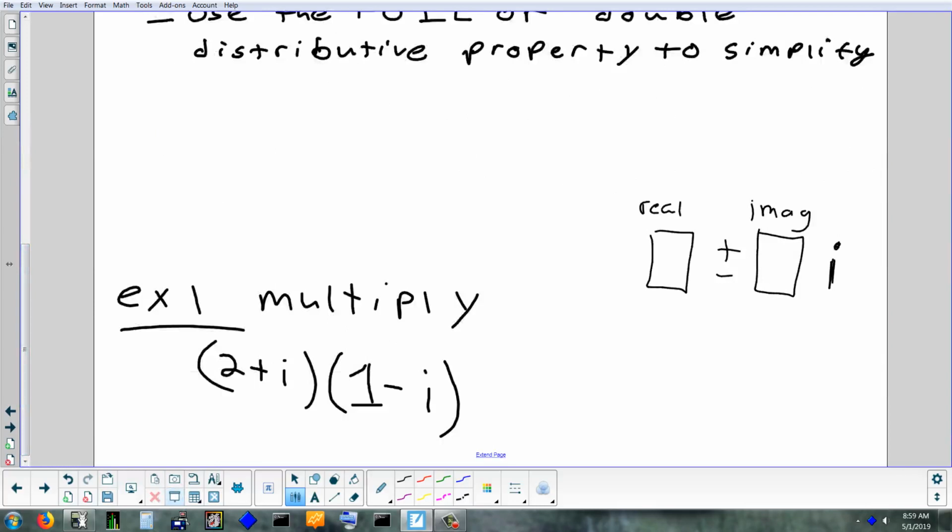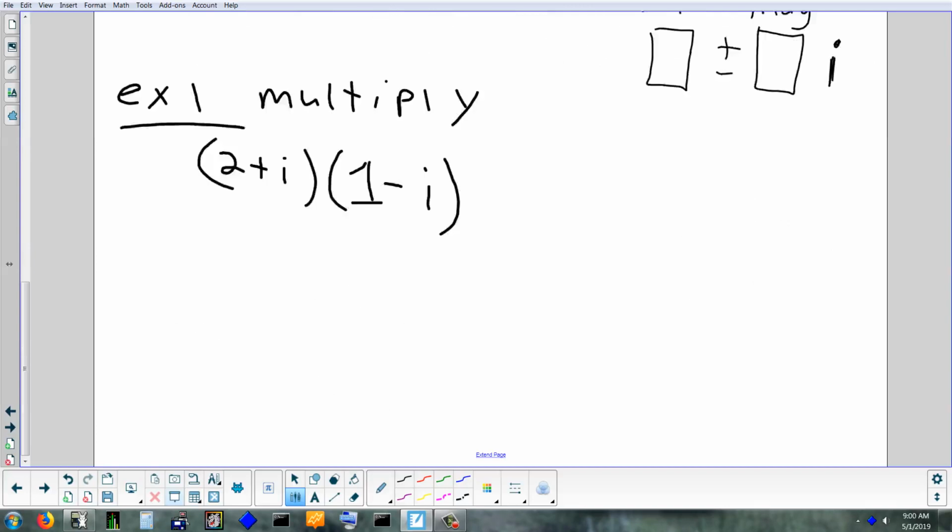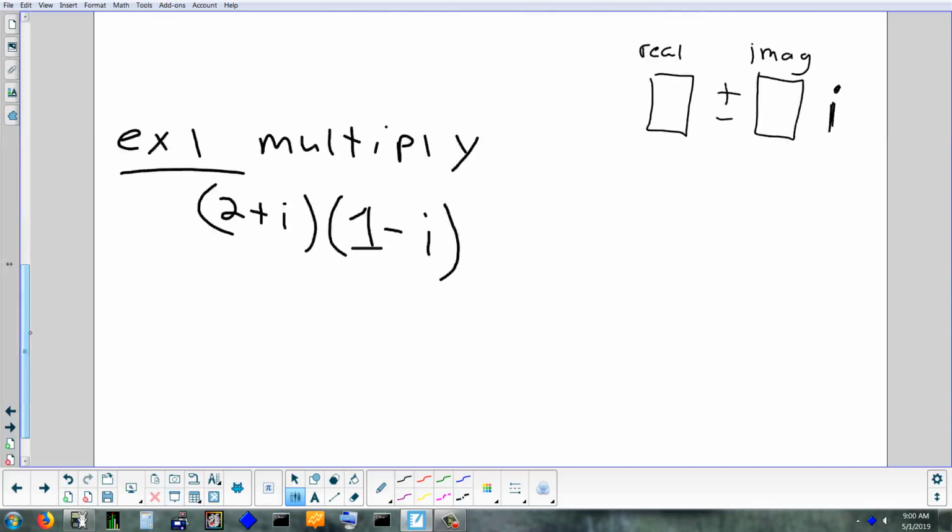That's what your final answer should look like. Real part, plus or minus, I don't know which one, we'll see, imaginary number, and then an i. So let's do it out. What would be the first two things I multiplied together here? 2 and 1. Yep, 2 times 1, and that's going to give me 2. Next two things?